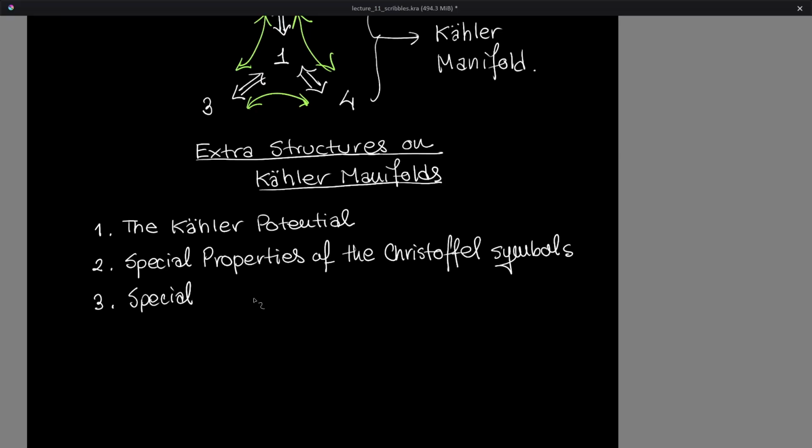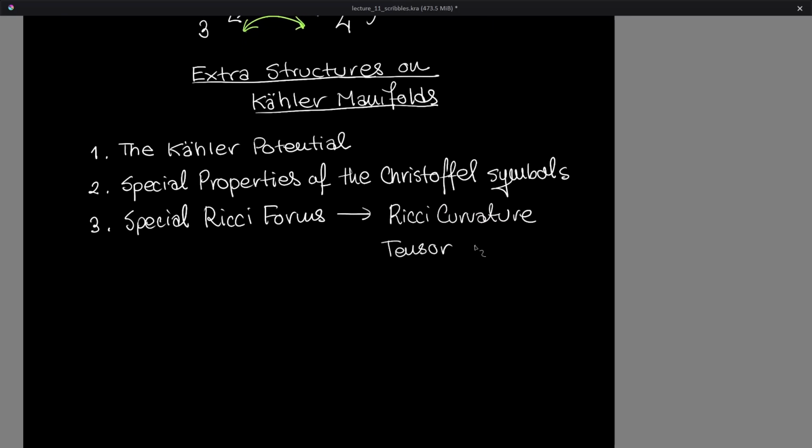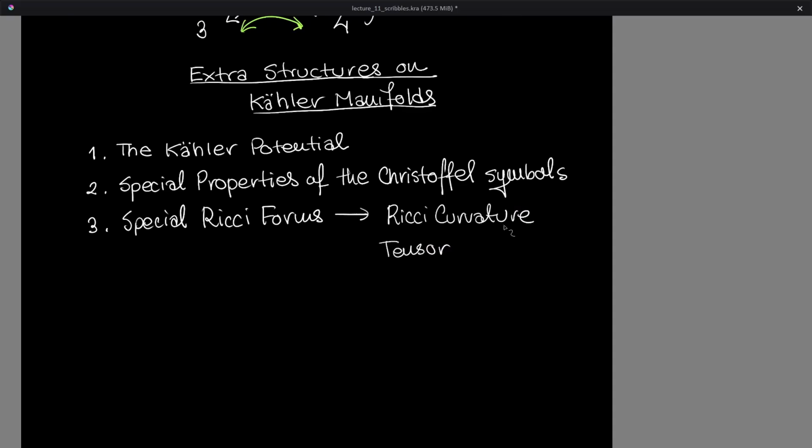The Ricci form exists on other manifolds, but it's particularly nice on Kähler manifolds. And as you might guess, it's related to the Ricci curvature tensor field. It's just an alternative way to think about the curvature in terms of forms instead of in terms of just a tensor field.